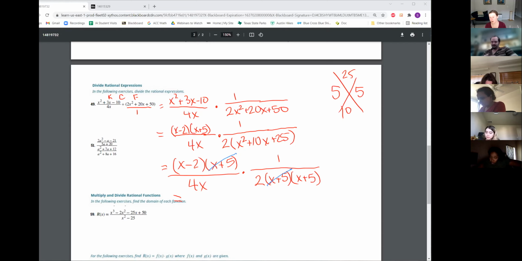So if that's all we can cross cancel, then we would multiply next. If you want, I can rewrite it so you can see what it looks like without the blue. Sometimes that helps. So now we're just going to multiply across since there's nothing else to cross cancel.